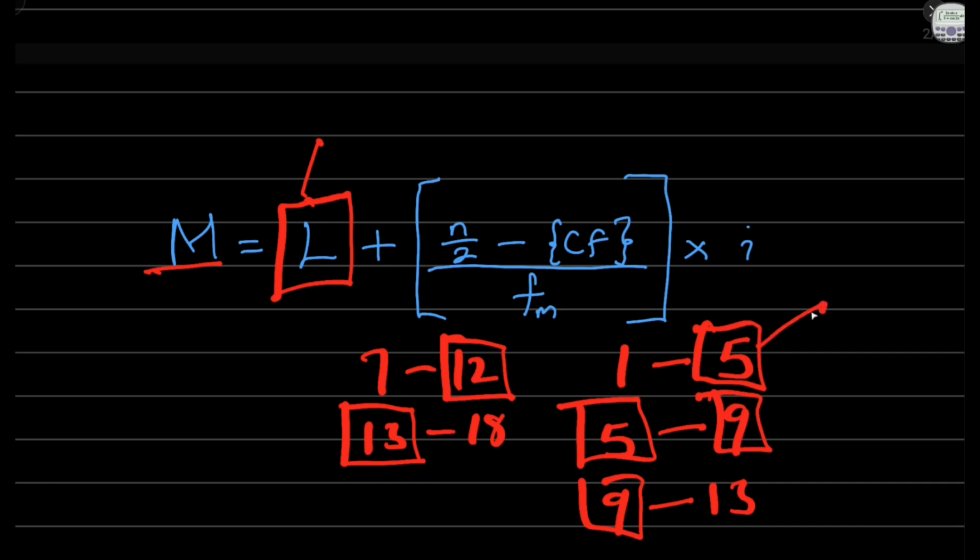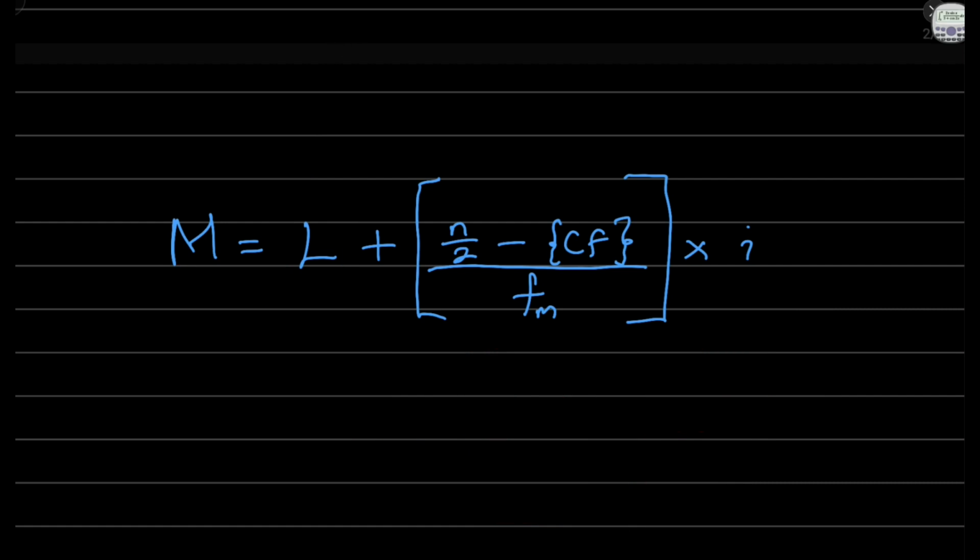The upper interval here is the same as the lower interval here. The upper interval here is also the same as the lower interval here. There are no gaps or breaks between the classes. In that case you have an exclusive distribution, and if you have an exclusive distribution, this L won't be your lower class boundary but rather your lower class limit. By the time we start the calculation I would explain further.